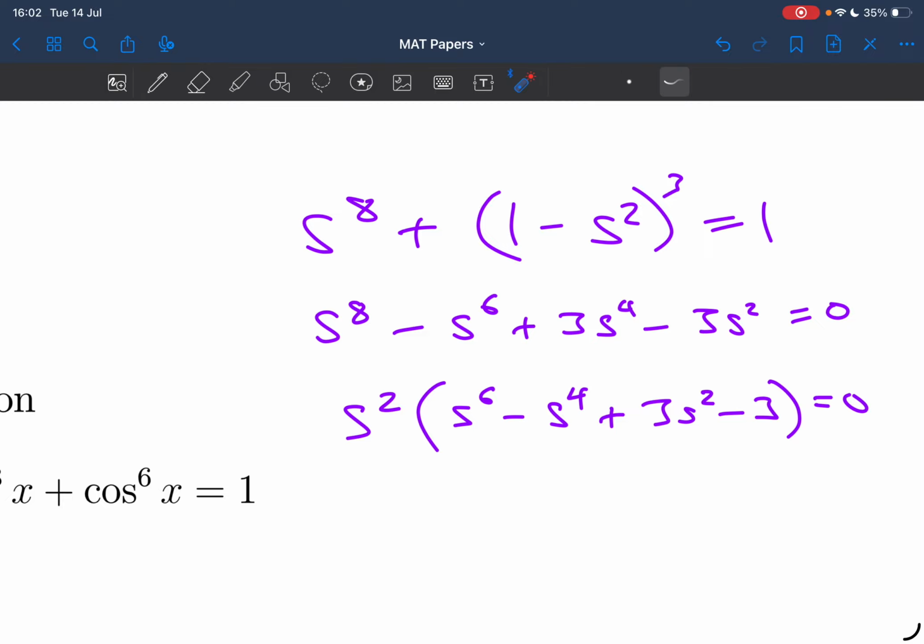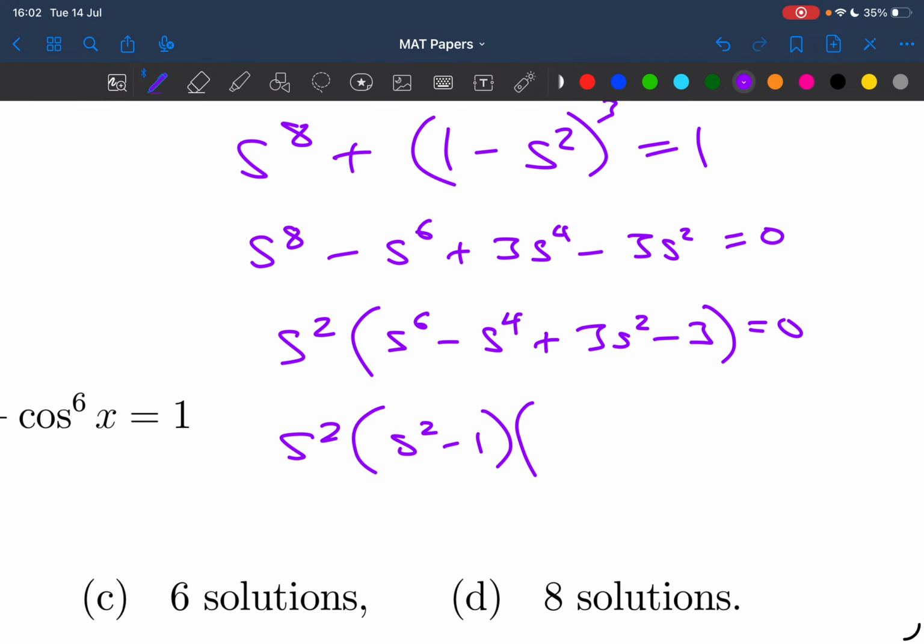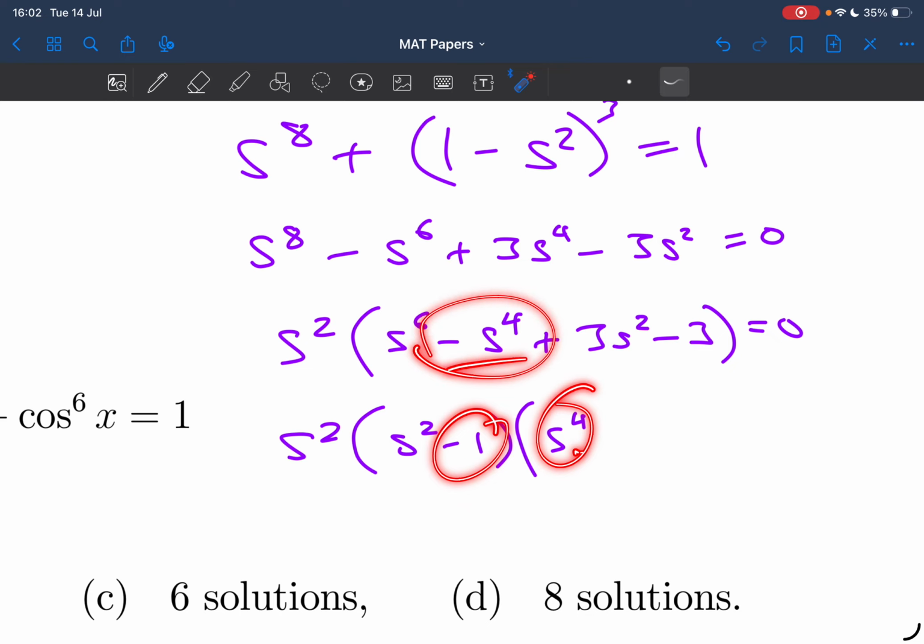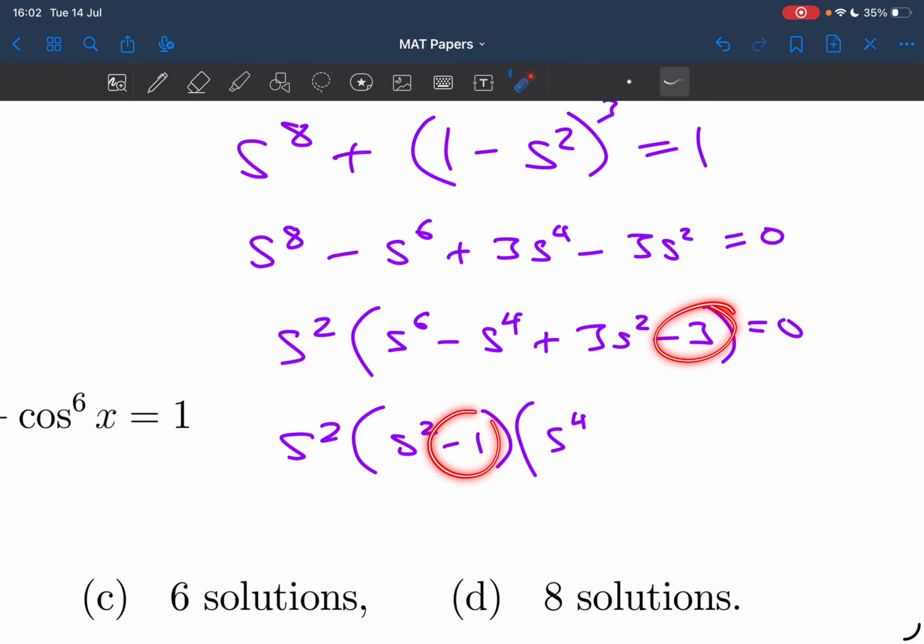Does this thing have 0 or 1 going into it? 1 minus 1 is 0. 3 minus 3 is 0. So it does. So we've got sine squared minus 1. What else do we need? We need a sine to the 4. That makes minus 1 of them. I already have that, so that's good. So I don't need any middle term. And then I need to make a minus 3.